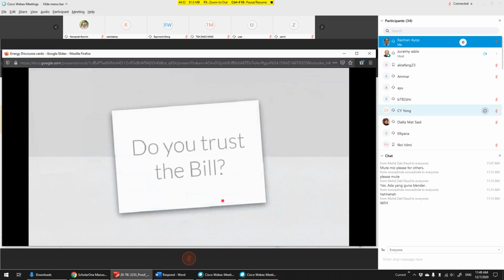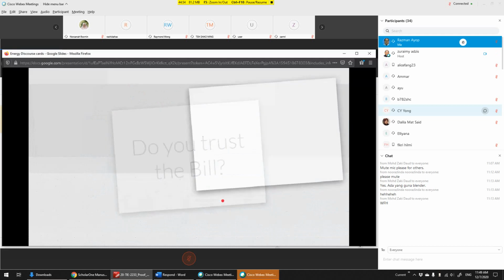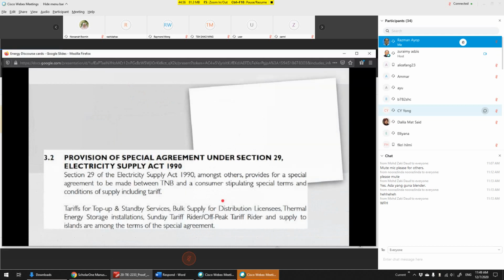Next, do you trust the bill? Don't worry. We have this Electricity Supply Act 1990. And this Electricity Supply Act protects not only TNB, but also the users. So that's why when people complain about TNB, the minister has to respond.